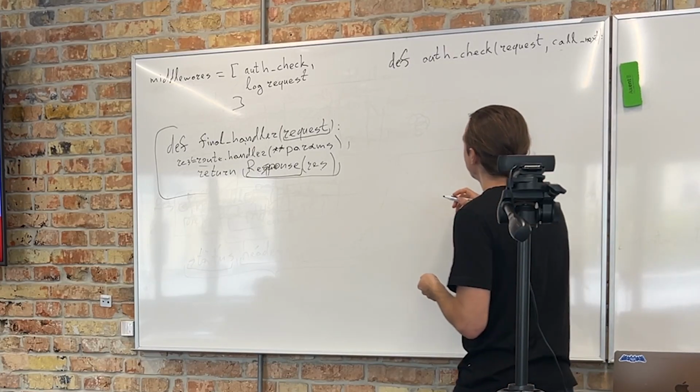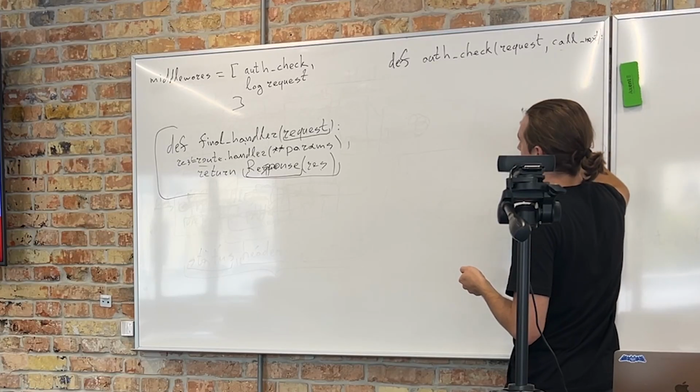The first type is something that we do before we call the next action.